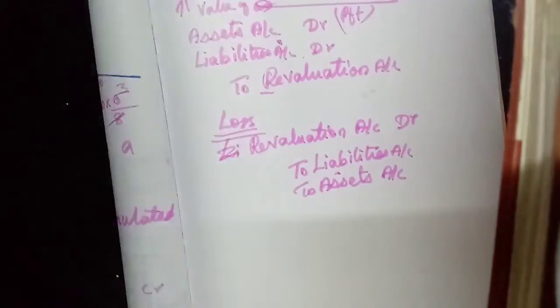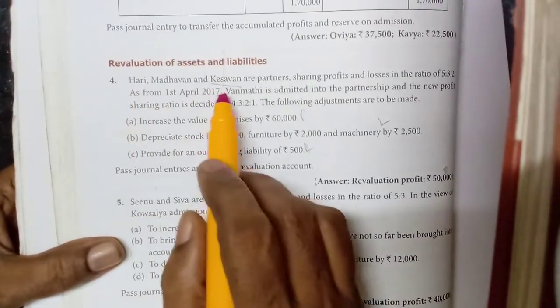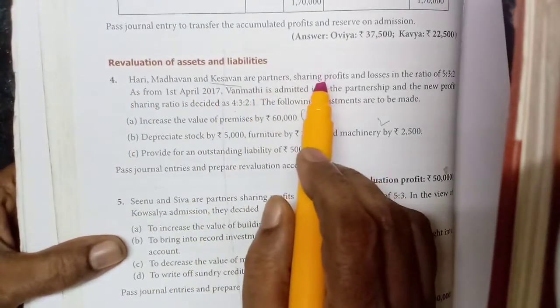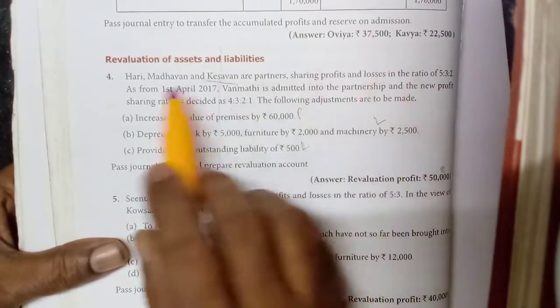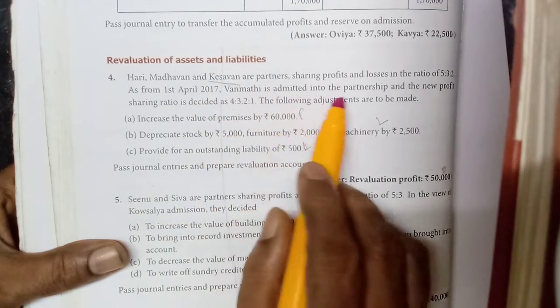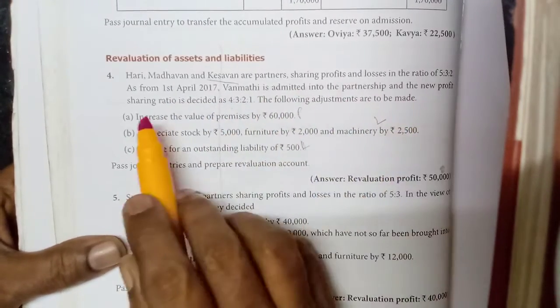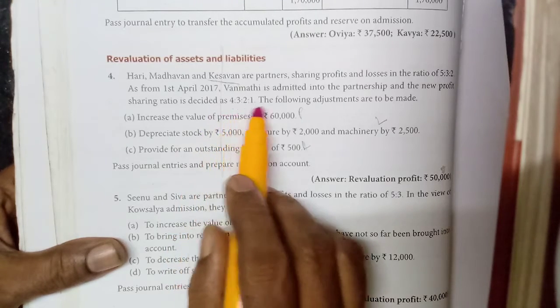Now let us do the fourth exercise. Hari, Madhavan and Kesavan are partners, sharing profits and losses in the ratio of 5:3:2. From 1st April, Vanmadi is admitted into the partnership and the new profit sharing ratio is decided as 4:3:2:1.